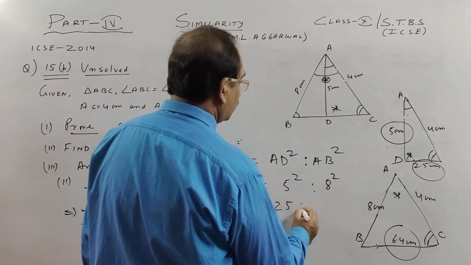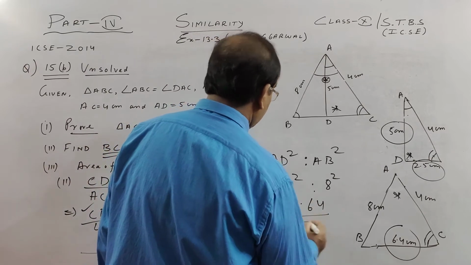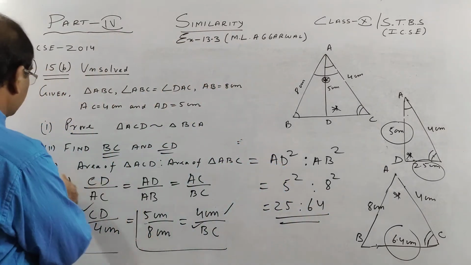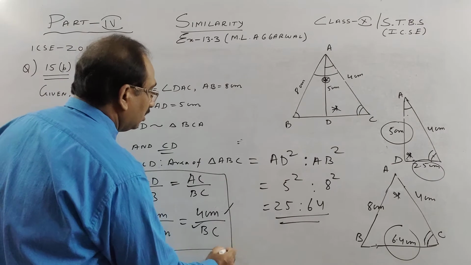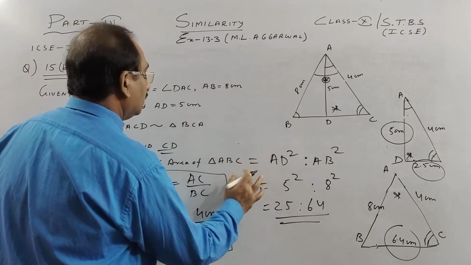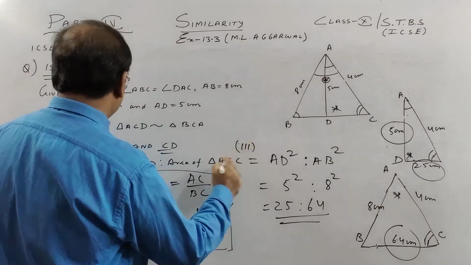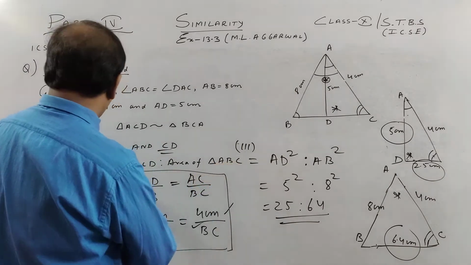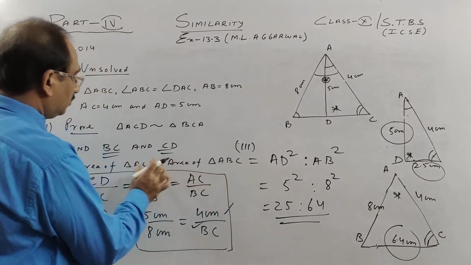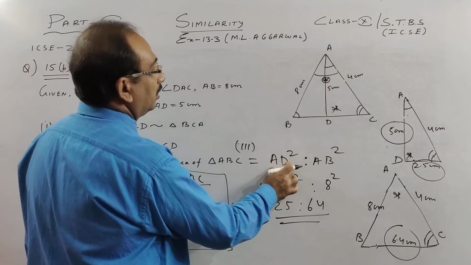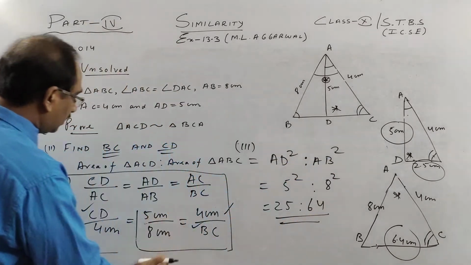So the ratio of the areas, since it is given. So this was part 2 of the question, children, and this is part 3, where we have solved here. So ratio of area is ratio of their side squares. So I have taken the known side square.